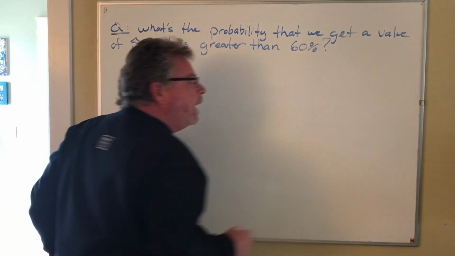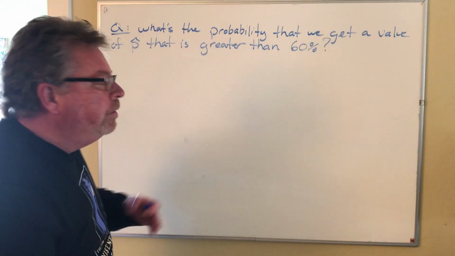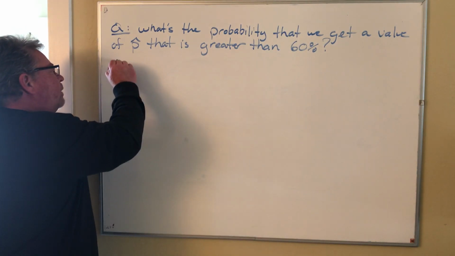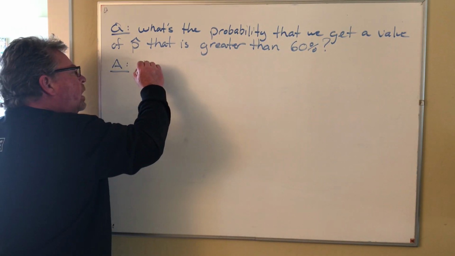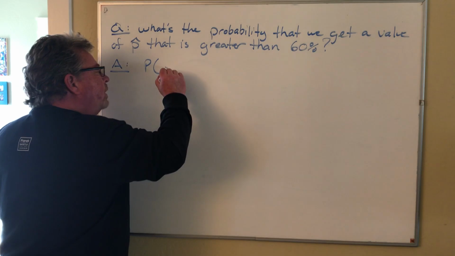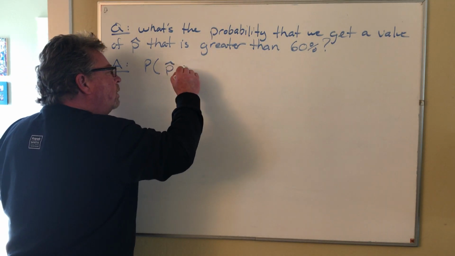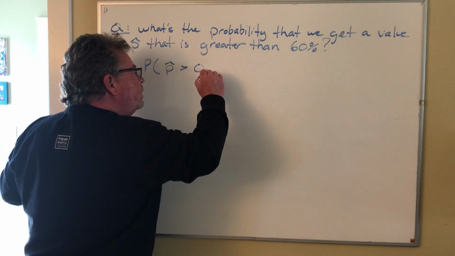I'm just going to make up that number. The correct notation here to answer this question is going to be, we're looking for the probability that p hat is greater than 0.60.